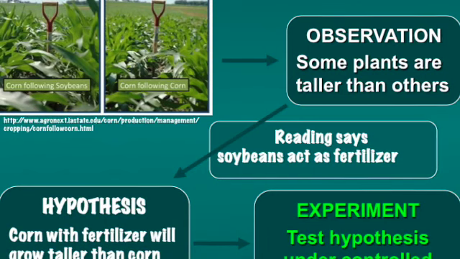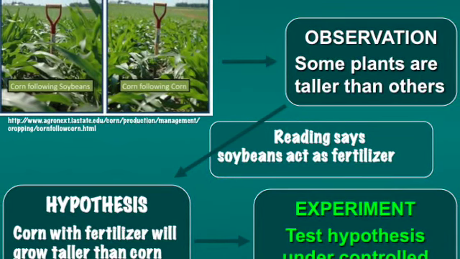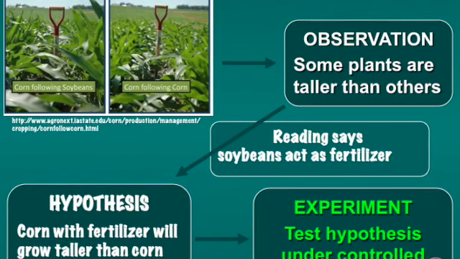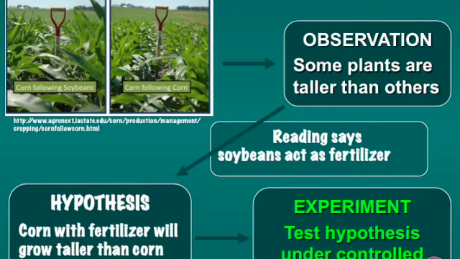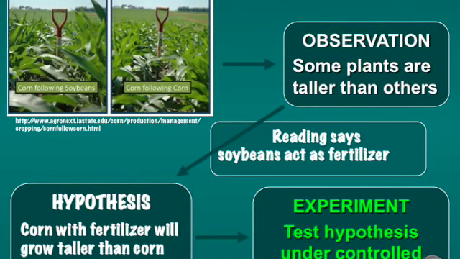From there I want to make my hypothesis, which is that corn with fertilizer will grow taller than corn without fertilizer. The key to this is that it is testable, and we can test this under controlled conditions.